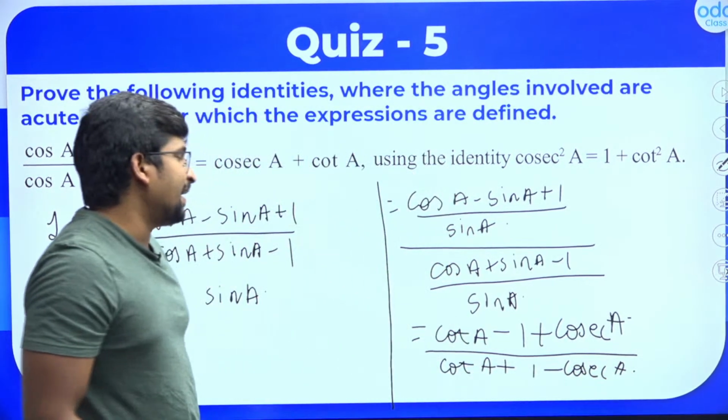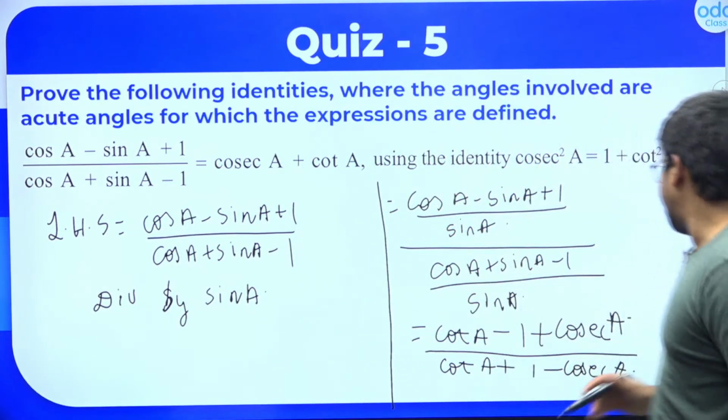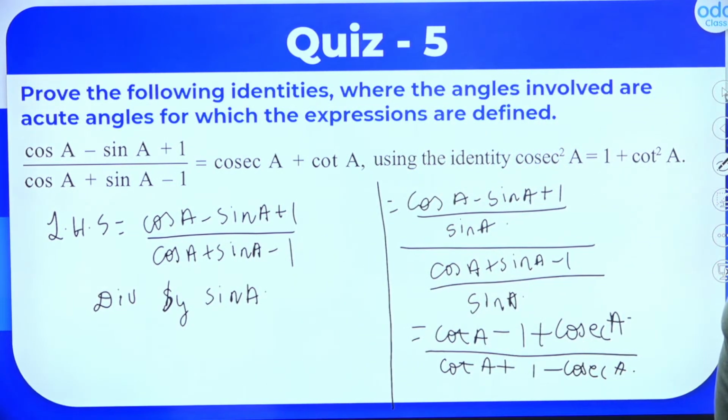Correct? 1 by sin A is cosec A again. So that part is also done. Correct? Now let's move to the next page and try to solve this further.